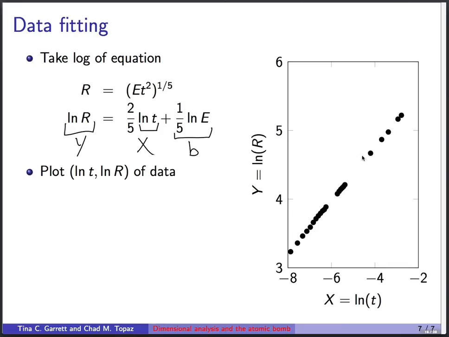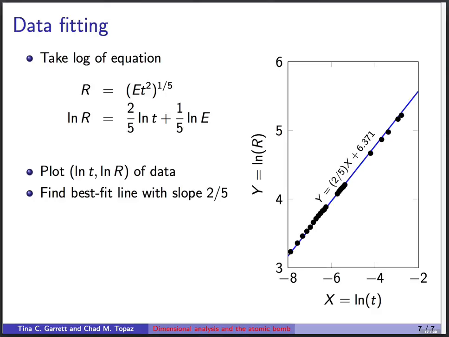And then the question you can ask is, well, we know that if we plot ln r versus ln t, we should get a line with slope 2/5. So we can ask which line with slope 2/5 best fits this data, and you can use computer software to do it. It turns out to be this line here, which has a y-intercept of 6.371.